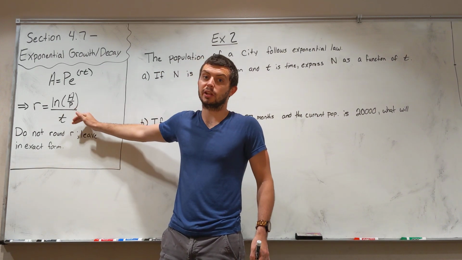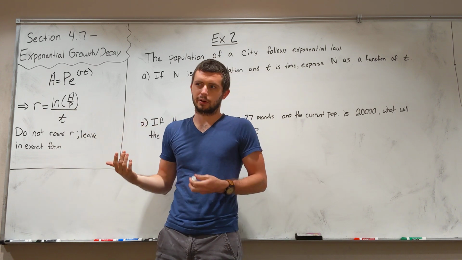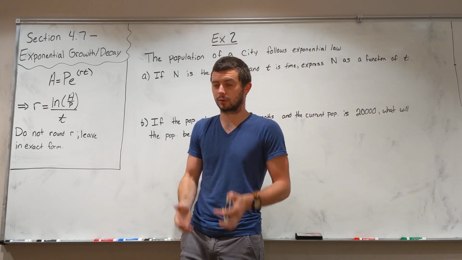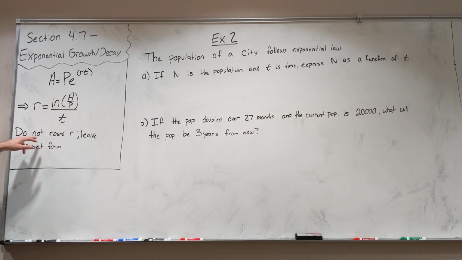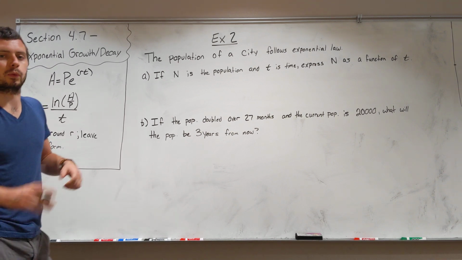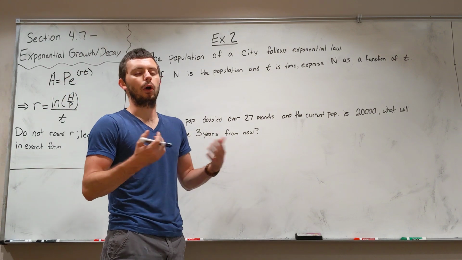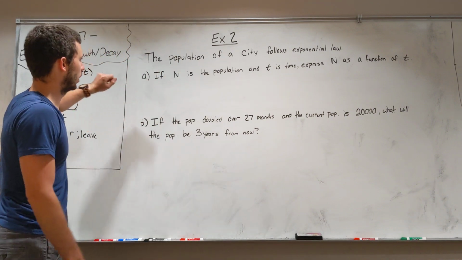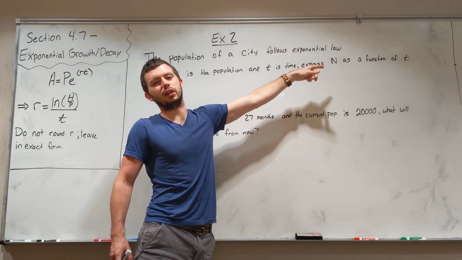Since this is an intermediate step, as we'll see for this problem, if you round too early, you might end up losing precision in your final answer. So my rule of thumb is go ahead and leave this in its exact form and round once you get to the very end of the problem. So I'll go ahead and explain what that means, say in example 2 from the notes. So population of a city follows, it says exponential law.